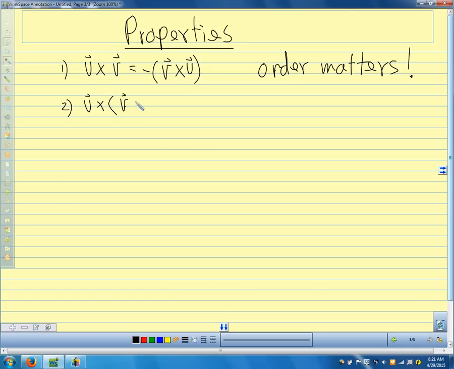So u cross (v plus w), we can distribute just like we do with multiplication, but we have to keep the order the same. So this is u cross v plus u cross w. So we can't just change the order around. This is being multiplied in the front, so we have to keep our cross product in the front to keep the order the right way.